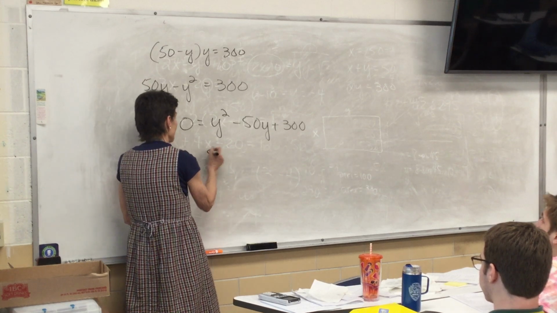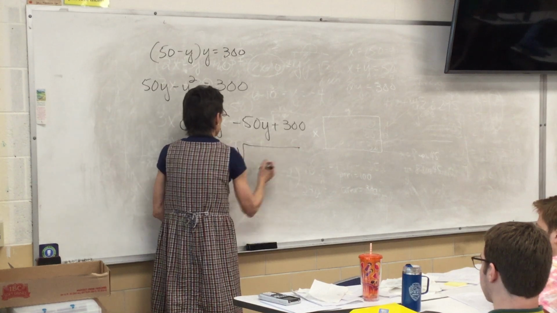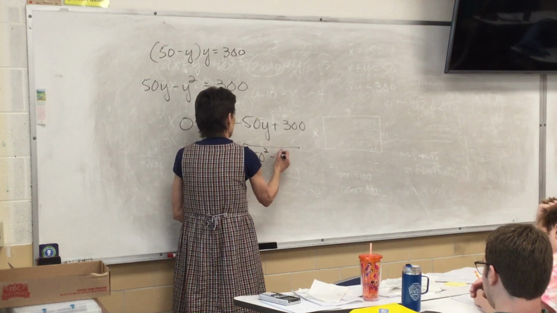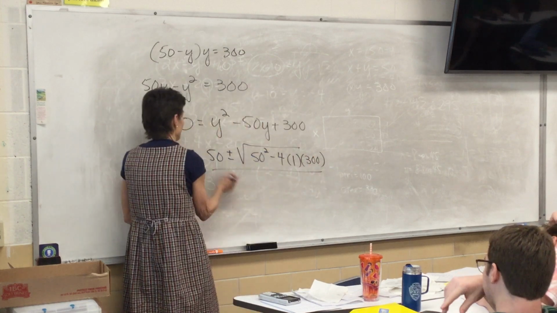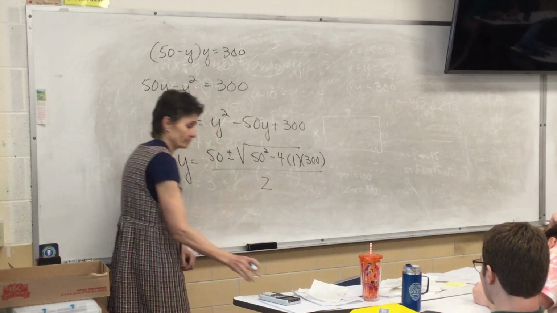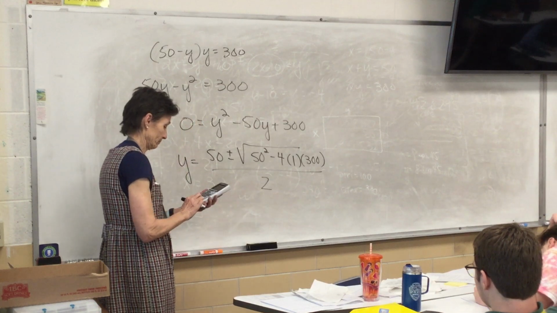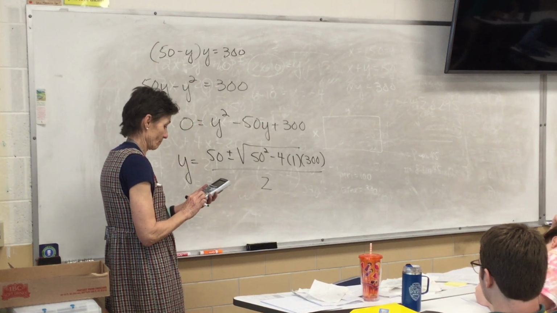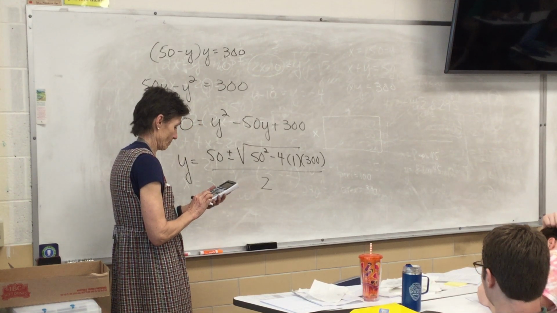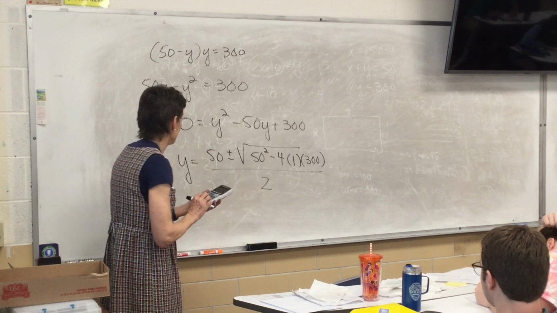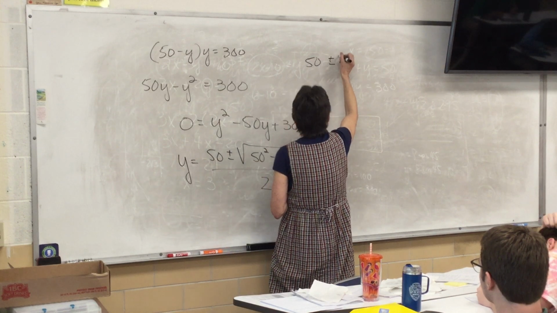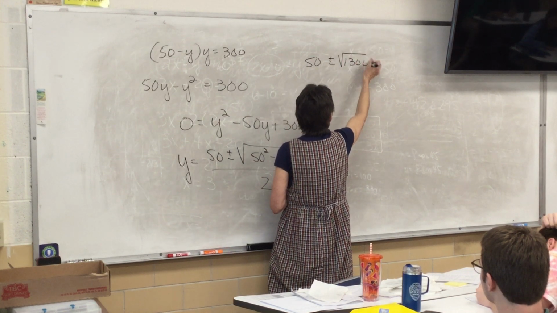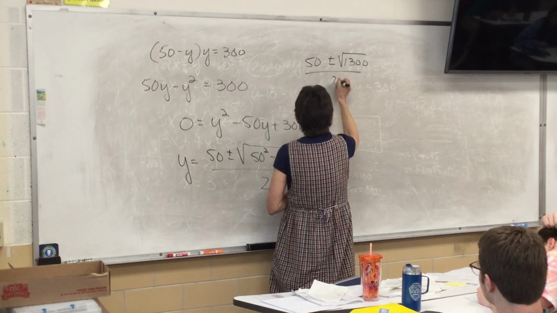Y equals negative b plus or minus the square root of b squared minus 4ac all over 2a. Oh, it doesn't factor. So we have 50 plus or minus the square root of 1300 over 2.